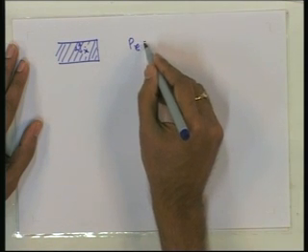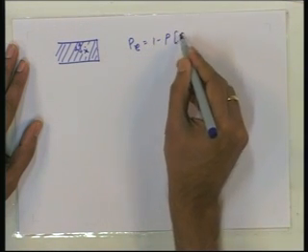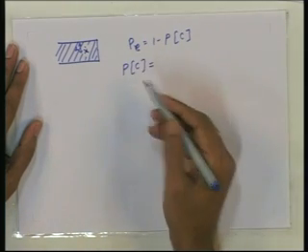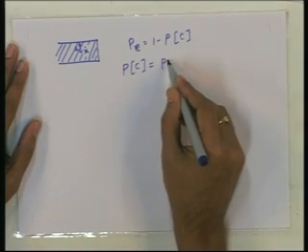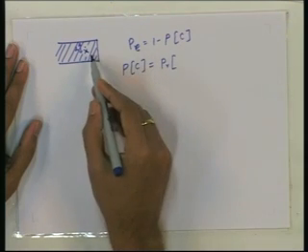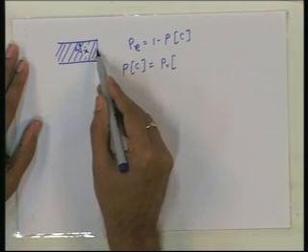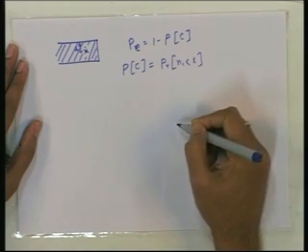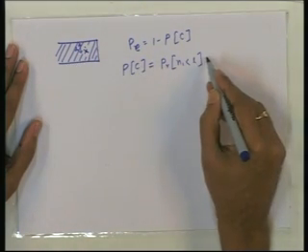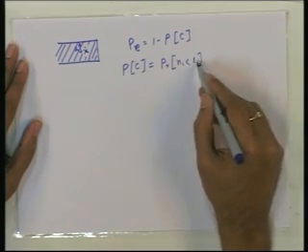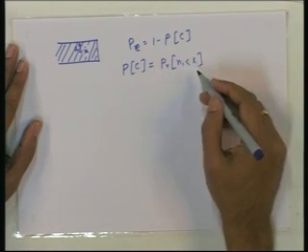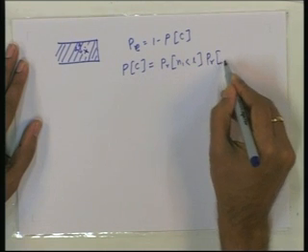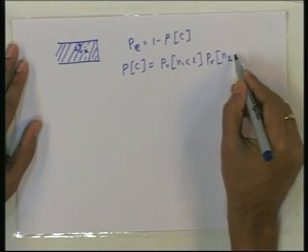Probability of error is 1 minus probability of the correct decision. And what is the probability of correct decision for this? This is the probability that N1 is less than this L and N2 is in this range, minus L to L. We can now factorize because N1 and N2 are independent of each other.